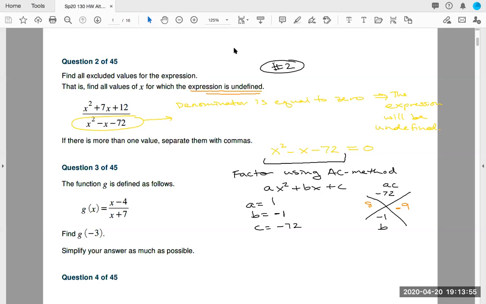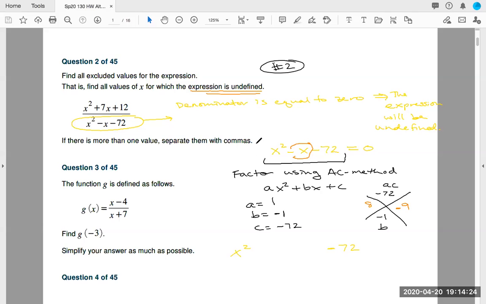Okay, so what we're going to do, we're going to keep this x squared here. We're going to keep the ax squared part, x squared for our problem. We're also going to keep the negative 72. But we're going to split this middle term here.